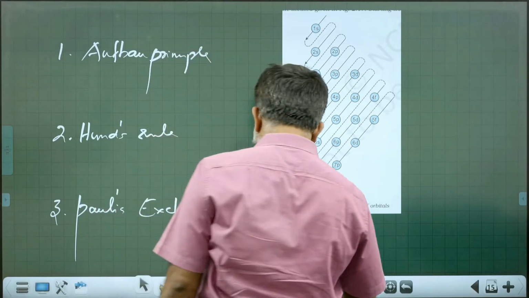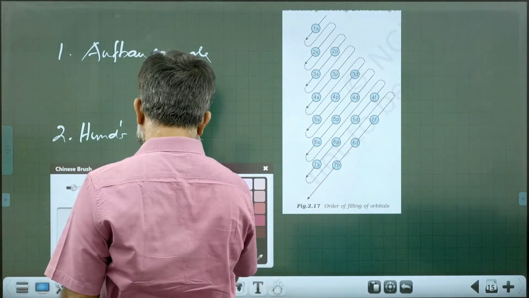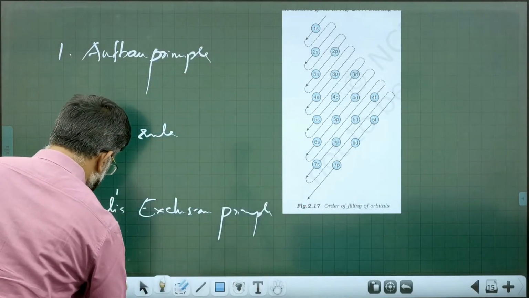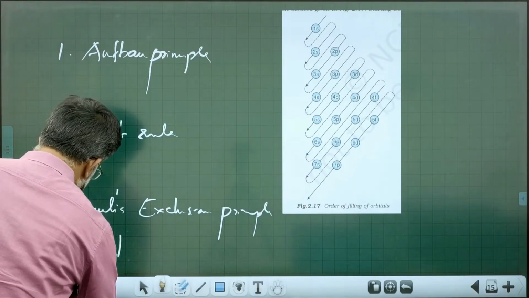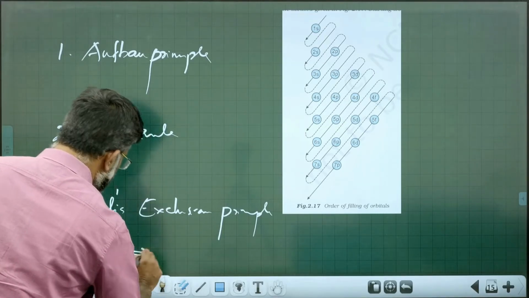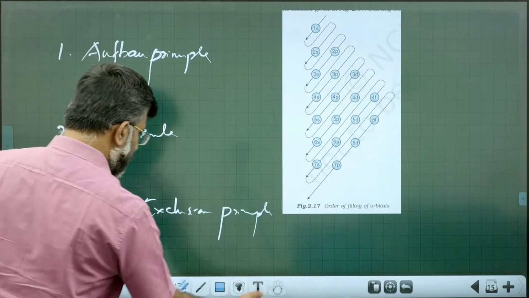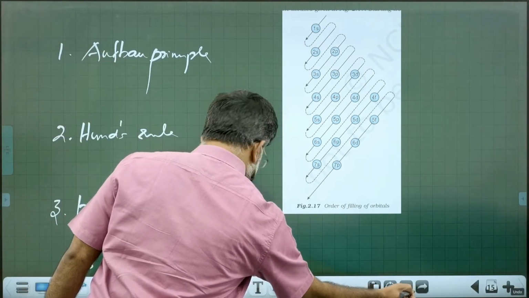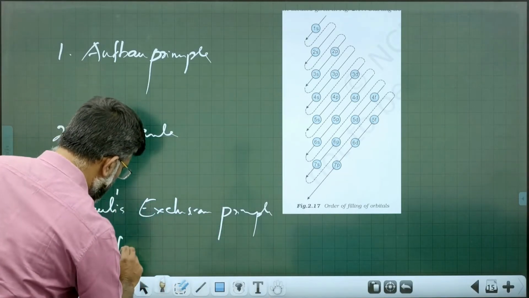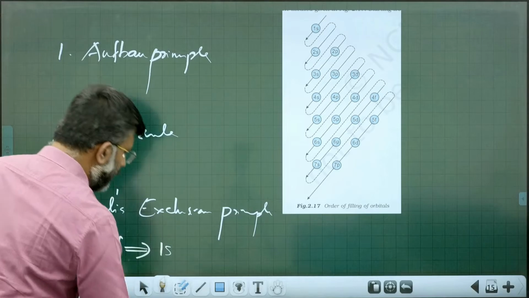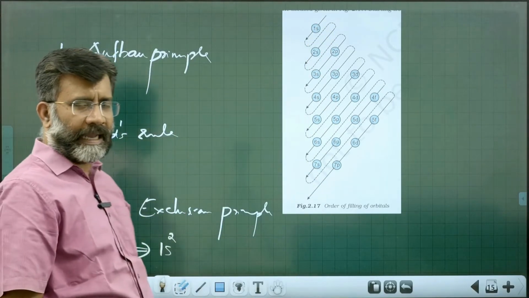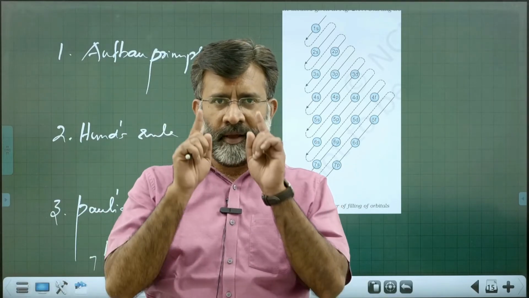Suppose we are doing the electronic configuration, say for example, nitrogen, having atomic number 7. The configuration will be 1s first, 2 electrons in 1s, as the s orbital contains only 1 orbital.